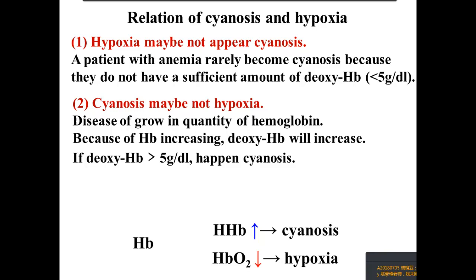Now the last: hemoglobin is normal, and the patient has cyanosis and hypoxia. Hemoglobin concentration is normal. What can cause this?